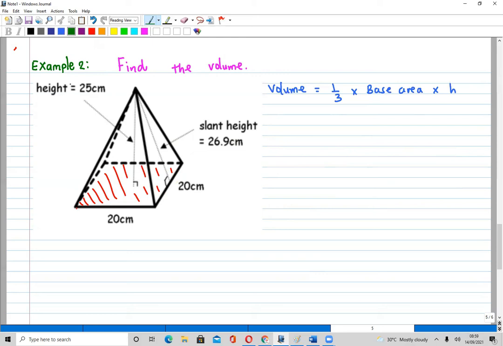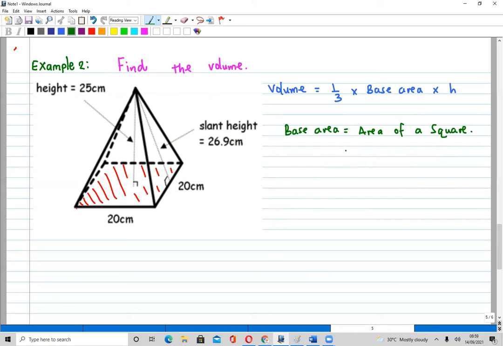So we need to know the area of a square. Base area will be the area of a square because the square is our base. In other words, this is a square pyramid.